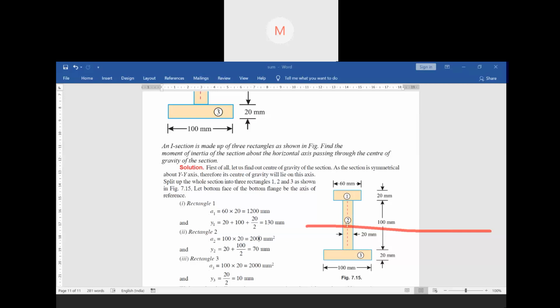For this y2 will be 0, then here it will be positive and here it will be negative. If you want to remove all those complications, you just simply assume that the axis is passing through the base. Okay, Mu, you got it? This is just for making it easy, nothing else.